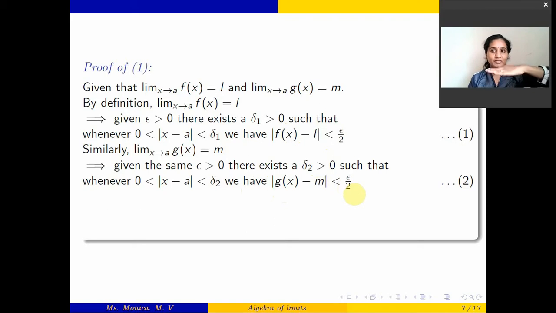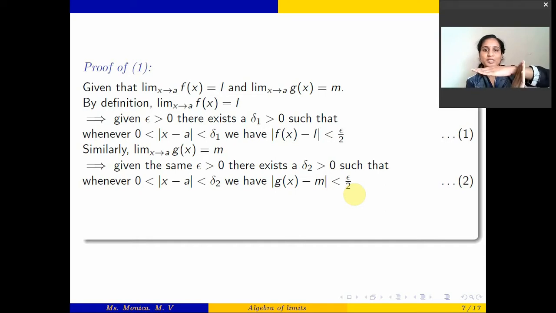So, what do I have now? I have the number line. Delta 1 and delta 2 are two numbers. This is delta 1 and this is delta 2. For distance between x and a less than delta 1, that means to this side, after this point to this side, the first condition is satisfied.